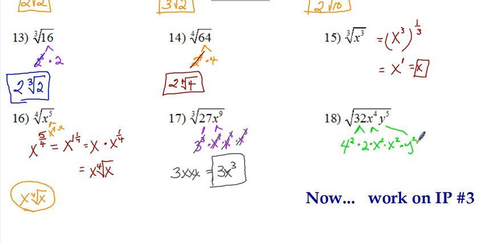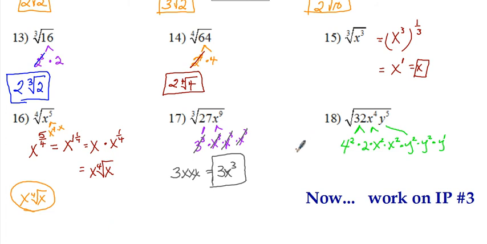There's a y squared in there, times a y squared, times a y, let's just write in this 1 for reference sake. 2 plus 2 plus 1 is 5. I tried to get as many y squareds as I could because those are coming out with me, but this y to the 1 power is being left behind. And again, the green is just my note to self. I'm not actually doing any square root work. I'm just breaking it into things that I can take the square roots of.